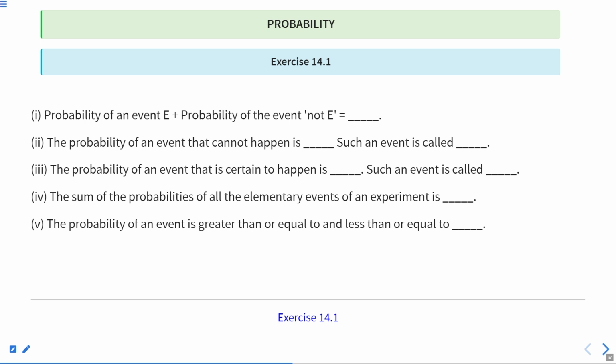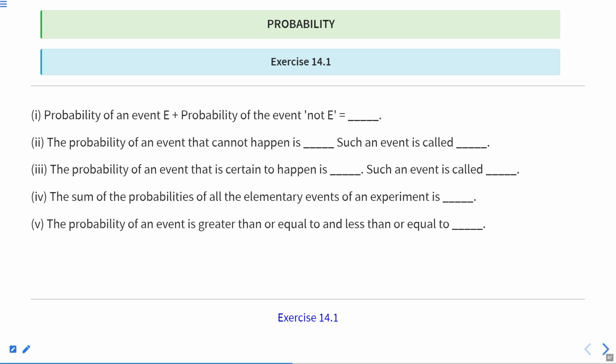And in the fourth one, we have: the sum of the probabilities of all elementary events of an experiment is dash. The sum of the probabilities of elementary events of an experiment is 1. Okay, that we have studied in our previous lecture.